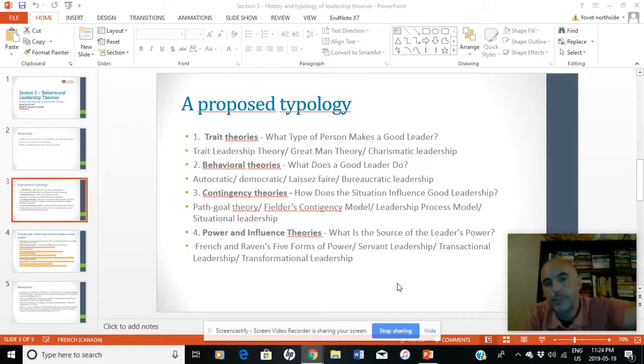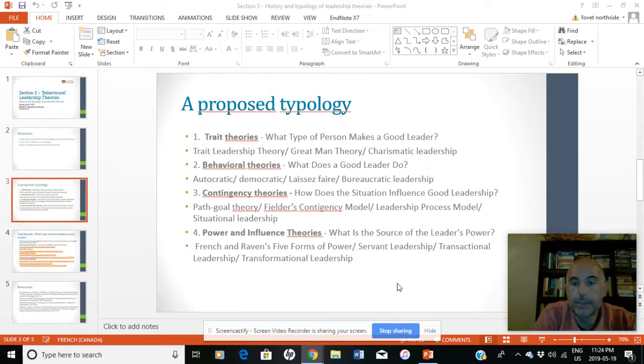So in the way I use it as a general term, all of these 3 or 4 theories in the first instance are theories that really have to do with personality traits, inherent features of your character. So instead of trait, you could say inherent features of character. But a lot of people have classified all of these as being trait theories. And then within trait theories, you find trait leadership theory, great man theory, and charismatic leadership. Not that enormously different.